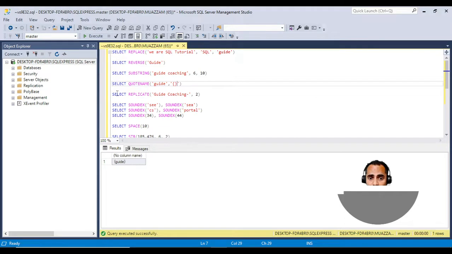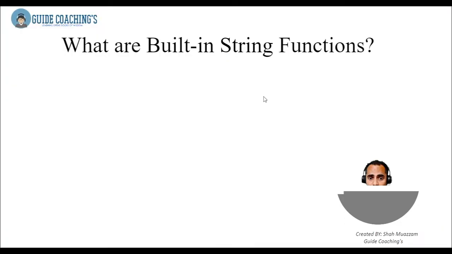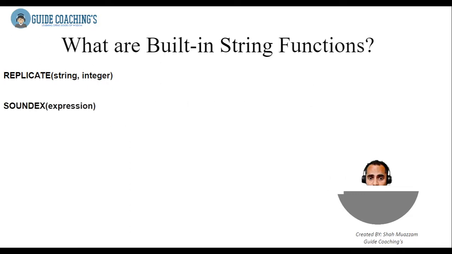Then I have replicate. First of all, we will learn what exactly replicate is. Replicate takes two parameters. The first one is string and the second one is an integer, the number of times we want to replicate the string.